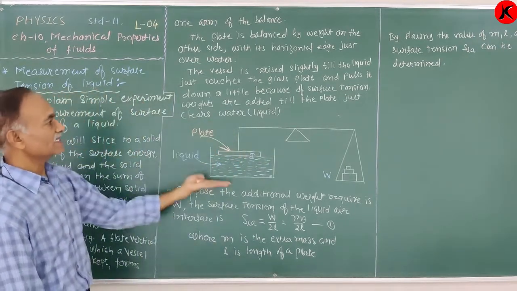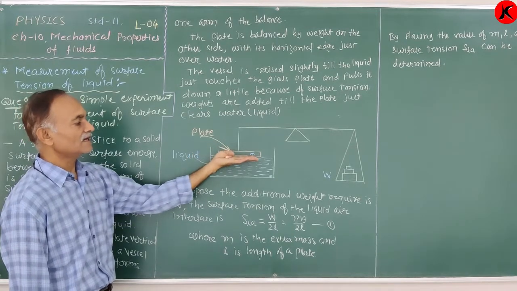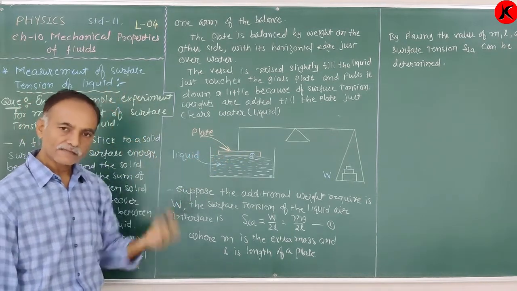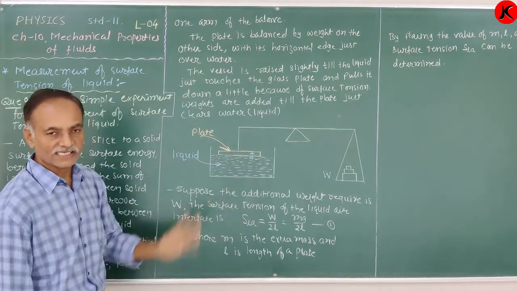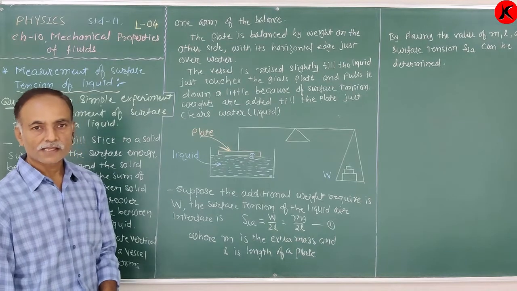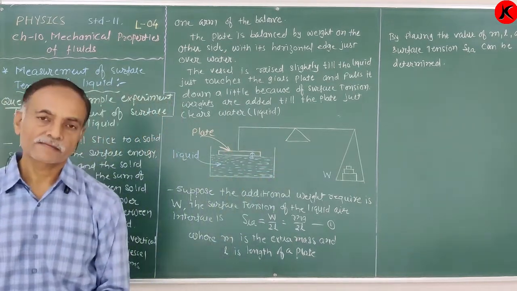Now, the vessel is raised slightly till the liquid just touches the surface of the glass plate. Initially, the vessel is just below the glass plate and does not touch the edge. Only the glass plate is balanced by the weight placed in the pan.